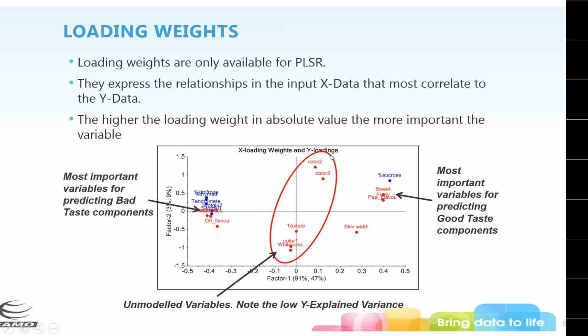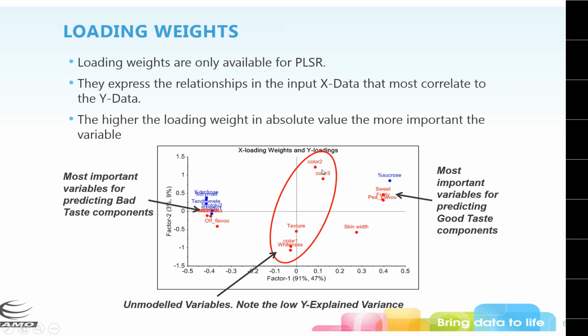This is another look. So this is looking at our loading weights. And you can tell that this looks like a very similar plot to our correlation loadings, which means that these are definitely the most important variables for predicting the good taste. These are the most important variables for predicting the bad tastes.